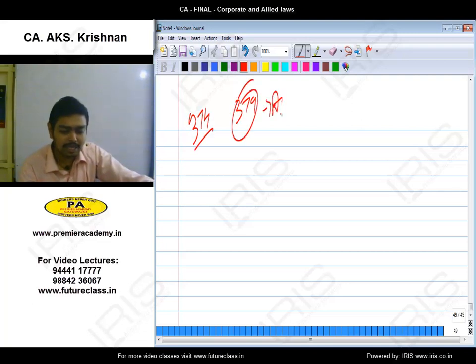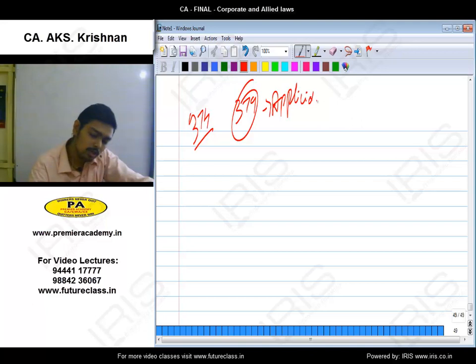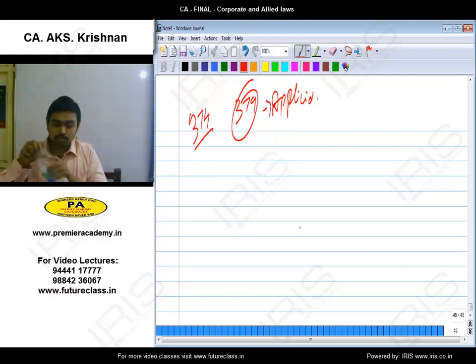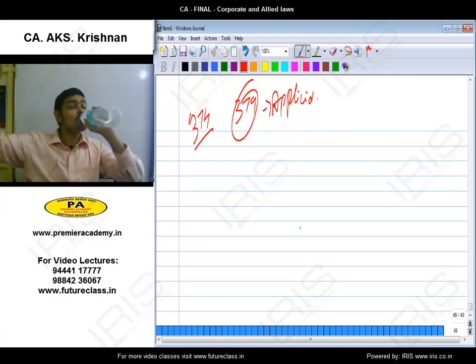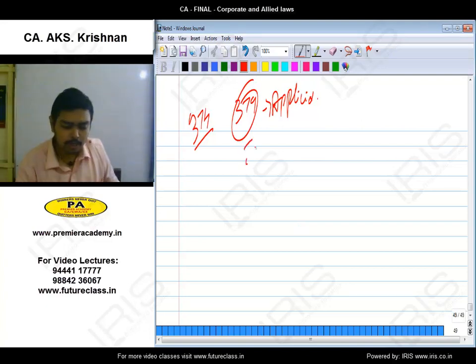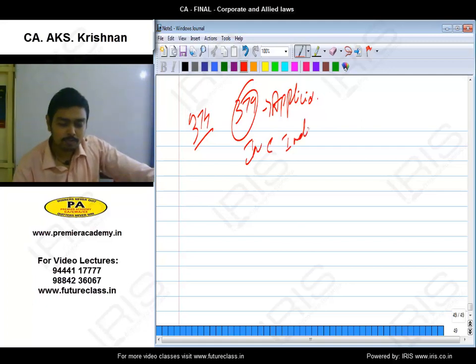Then we will go to 379. What is that? Foreign company, application of this act. So when is the full act applicable to a company? What is a foreign company? Foreign company means a company incorporated outside India, having a place of business in India.